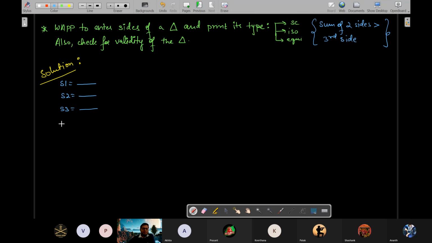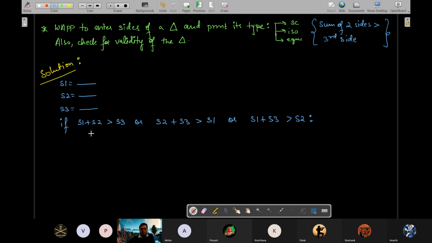Okay, so what we will do, if S1 plus S2 is greater than S3 or S2 plus S3 is greater than S1 or S1 plus S3 is greater than S2, then it is a valid triangle.